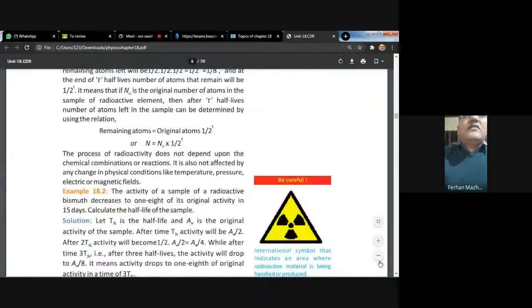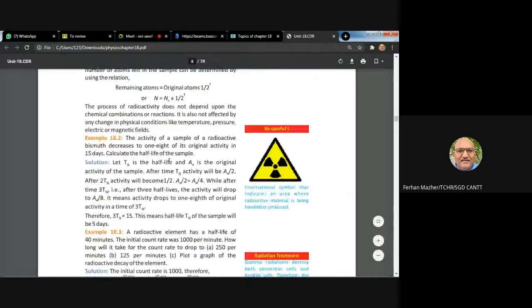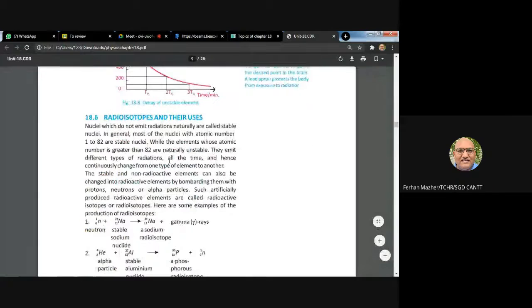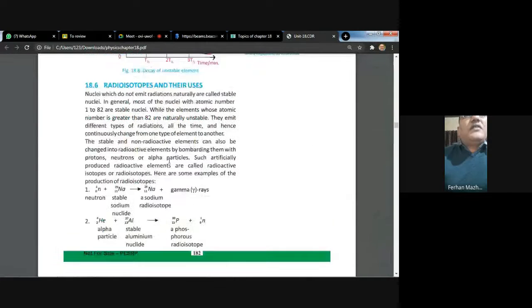Reduce the size so I can show you where the answer is. For example, okay. Let us first of all select. Nuclei which do not emit radiations naturally are called stable nuclei. In general, most of the nuclei with atomic number 1 to 82 are stable nuclei, while the elements whose atomic number is greater than 82 are naturally unstable.